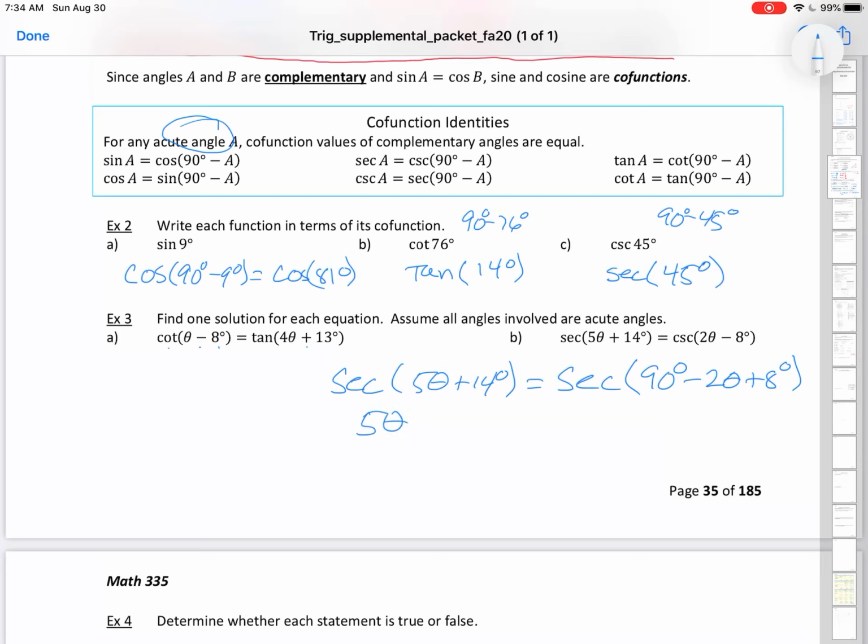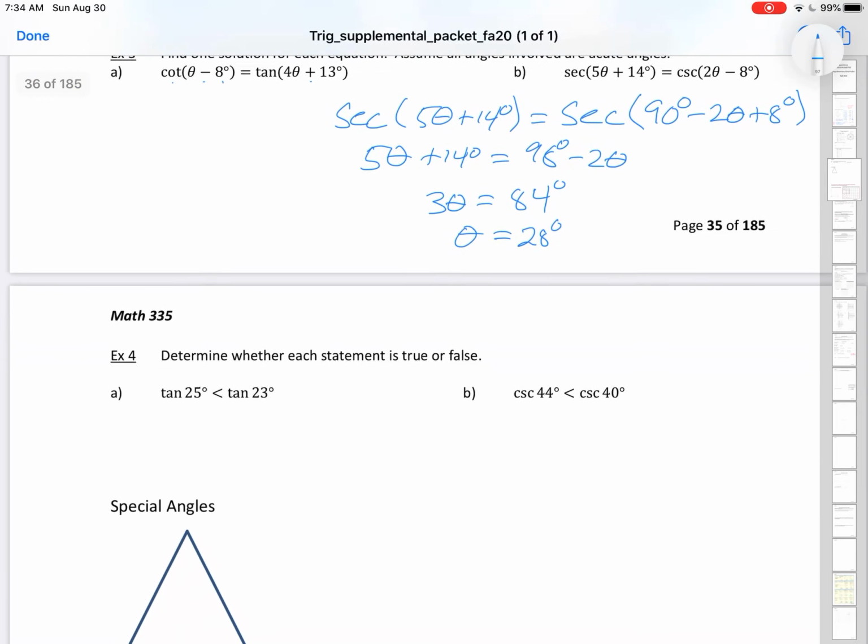So this is 5 theta plus 14 degrees is equal to 98 degrees minus 2 theta. That means 3 theta is equal to 84 degrees, and so theta is equal to 28 degrees in there. And we're finished. Now, it wouldn't have worked out if we didn't distribute that minus sign, and so that's the biggest thing that you want to be careful of.